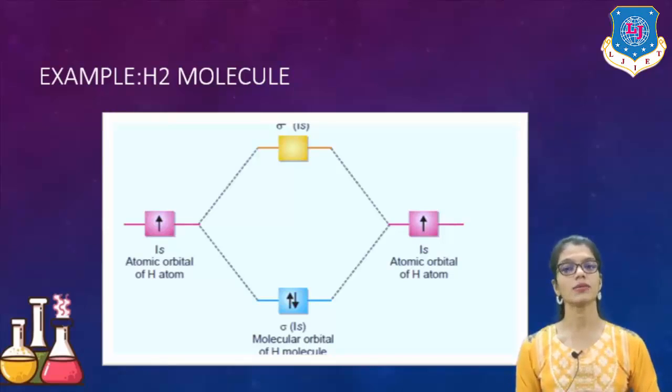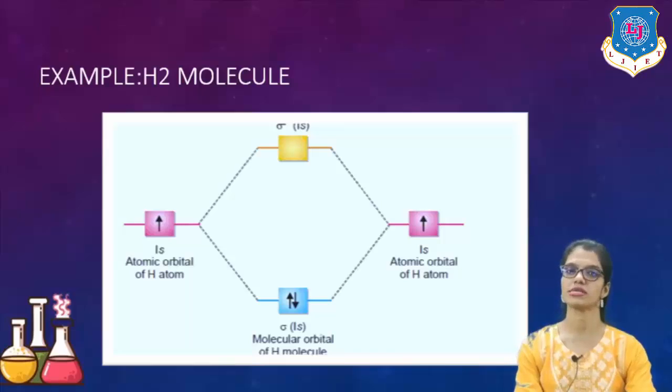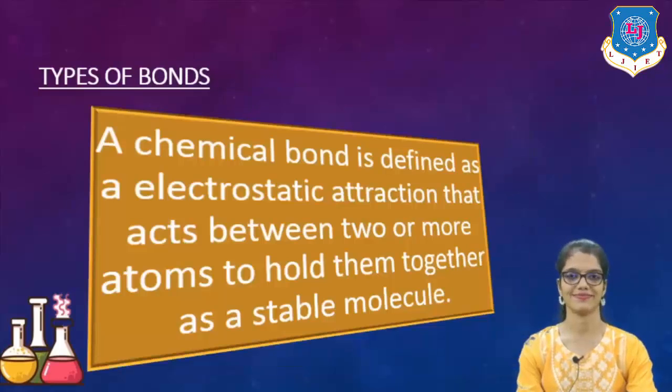So here the bonding orbital is filled and the bond formation occurs, that is H single bond H. The middle orbitals show the molecular orbitals, while the yellow one is sigma star 1s, which is basically the non-bonding orbital. No electron is involved in that, and because of it, the bond formation occurs here.